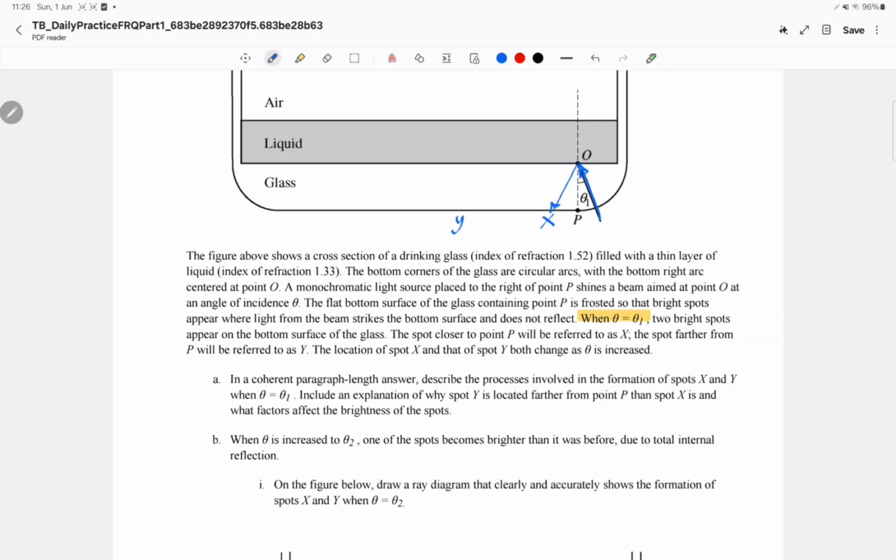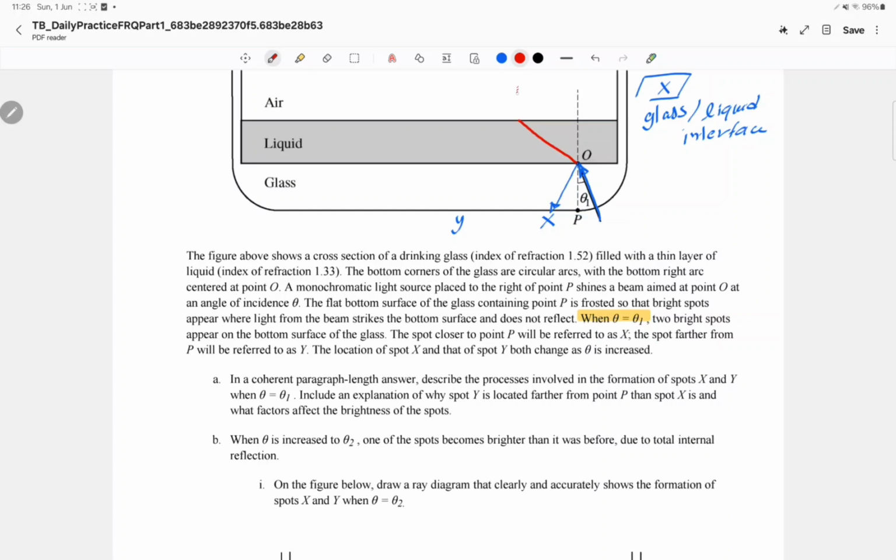So X is the result of the light reflecting at the glass liquid interface. But then some other light will keep going. It's going to travel through the liquid.